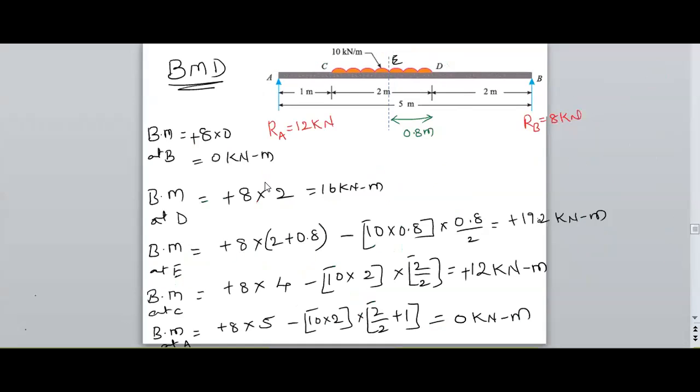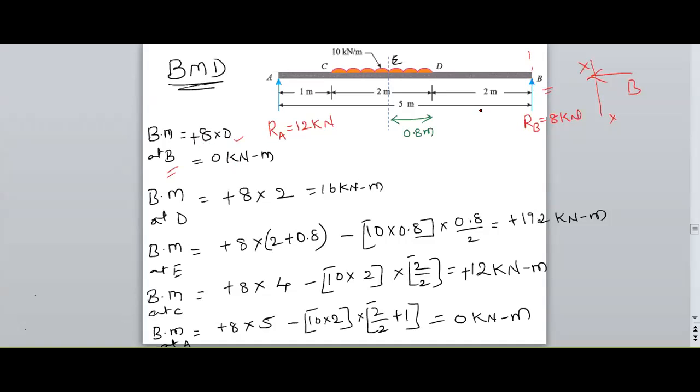Therefore, the bending moments are, first point is B. Since I am moving from the right hand side to the left hand side, the first point is B. Therefore, 8 into the perpendicular distance, which is 0 because the section is at B.